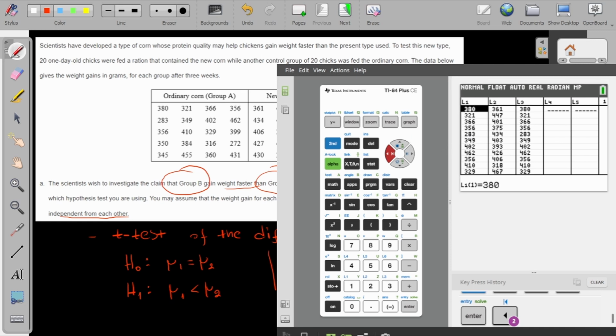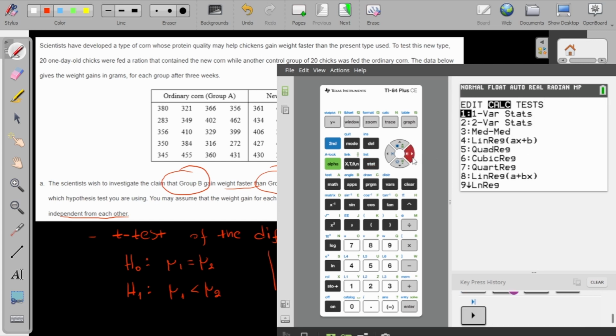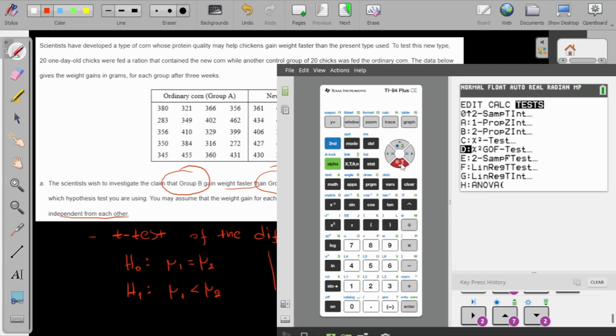In L1 I will put my ordinary, and in L2 I will put the new corn. And then I will go to my test and I will choose here a two sample t-test.